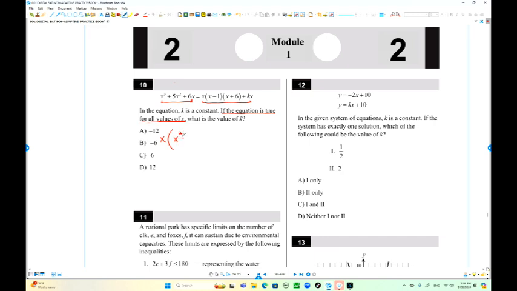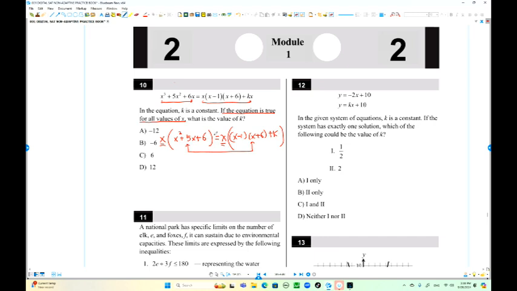Inside, x squared plus 5x plus 6 equals x minus 1 times x plus 6, plus k, inside the parentheses. These two expressions must be equal. Where is the k?